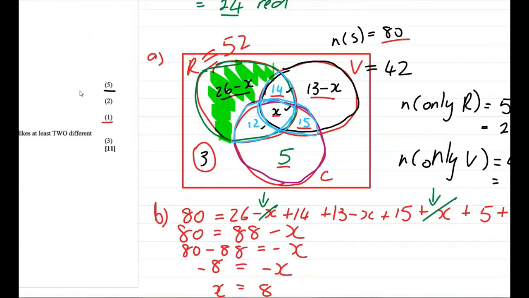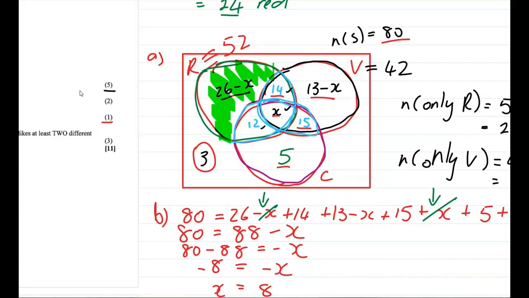If I tell you there's these 3 sports and Johnny likes at least 2 of them, what does that mean? Well, 2 out of 3, or maybe 3 out of 3, because it's at least 2. Oh, okay. At least means 2 or more.